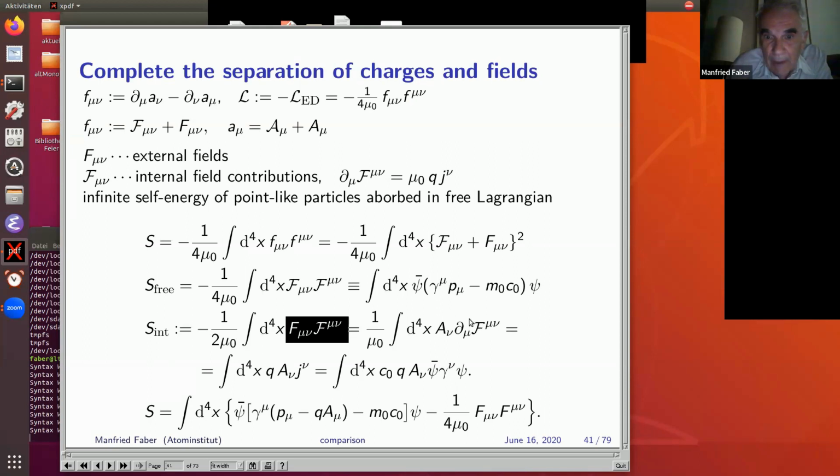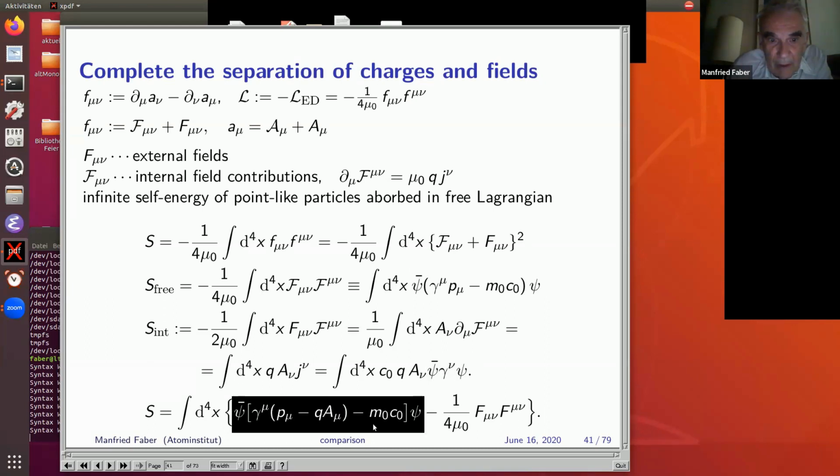And I can make the partial integration and shift the d mu from the d mu A nu to the F mu. And then I can insert in the d mu F mu the current J nu. And this current J nu is, of course, psi bar gamma nu psi. And in this way, I get three contributions for the psi bar psi.